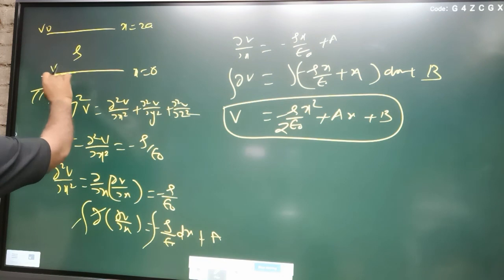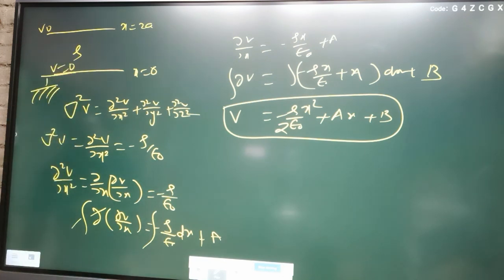What is the potential on the grounded plate? 0. Yes or no? Grounded potential is equal to how much? 0. This implies the constant. We get the second constant from the first boundary condition. Okay, what is the value of b? b is equal to 0.